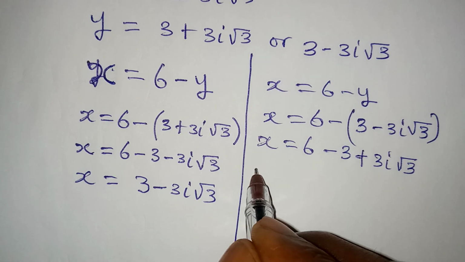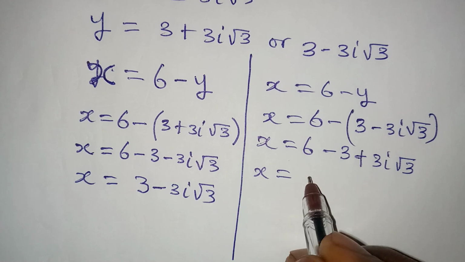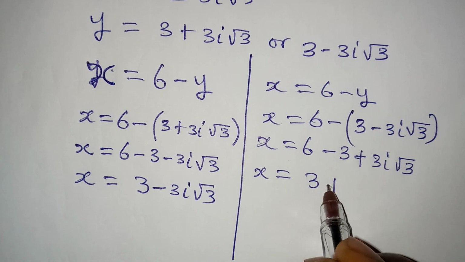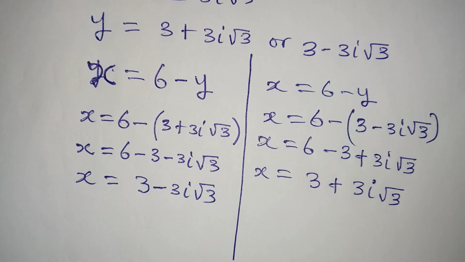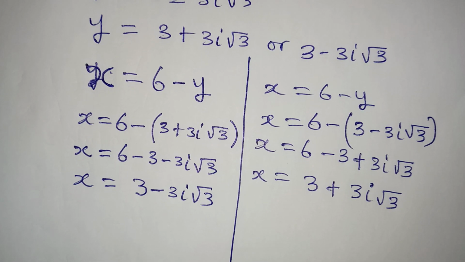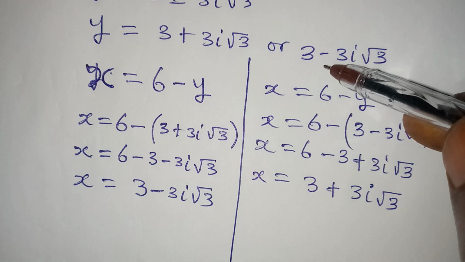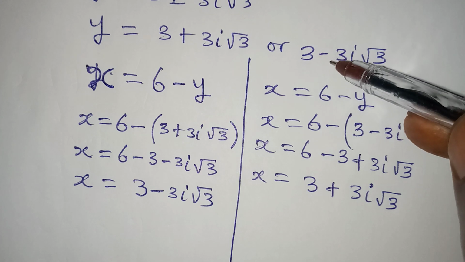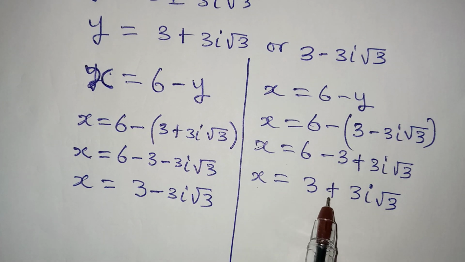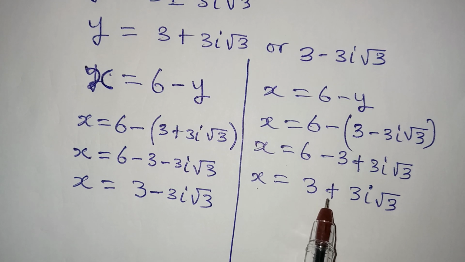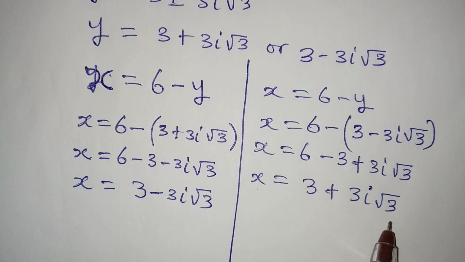To continue, our x will be equal to 6 minus 3 is 3, then plus 3i square root of 3. So this means that when y is equal to 3 minus 3i root 3, our x is equal to 3 plus 3i root 3.